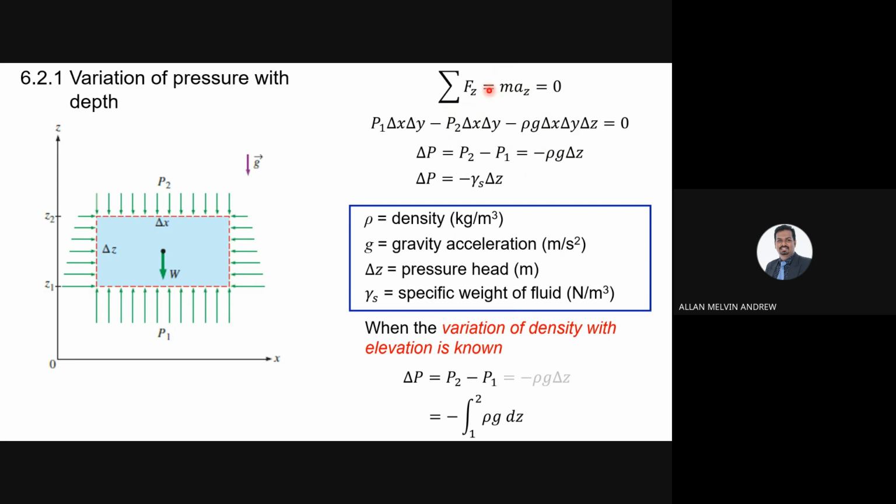We know that when the variation of density with elevation is known, let's say the density is not the same as it goes down, maybe because of some special condition, or maybe there's an oil leakage on the sea, then the density won't be the same, so we can find the differential.